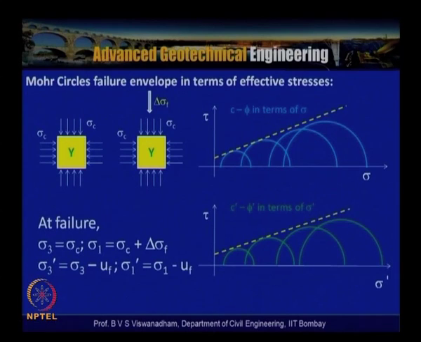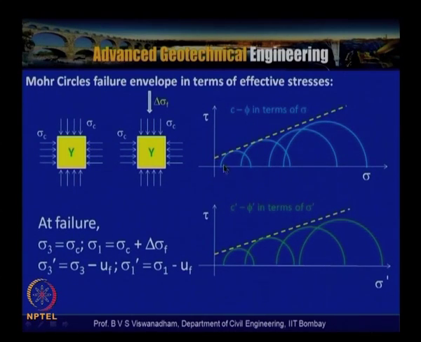These are shown here in order to get these parameters, either in terms of total stress parameters or in terms of effective stress parameters. We need to apply different combinations of stress conditions to the soil, because with one circle we will not be able to ascertain them for a given element.